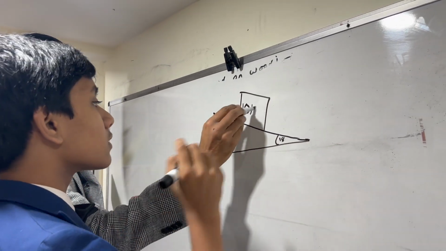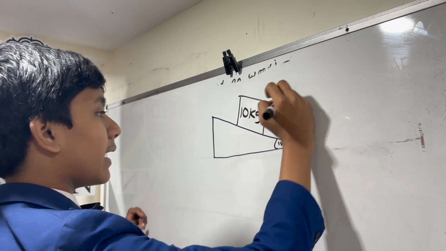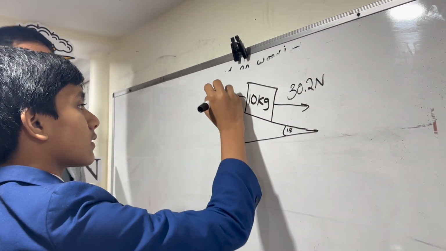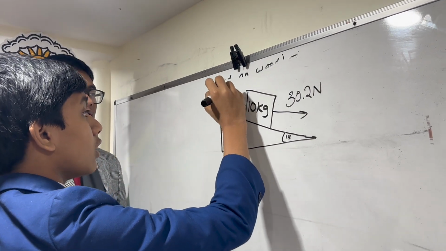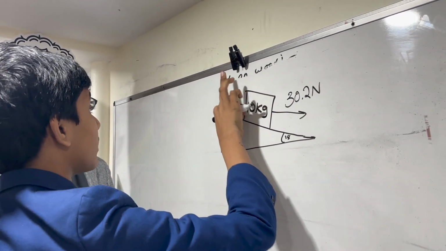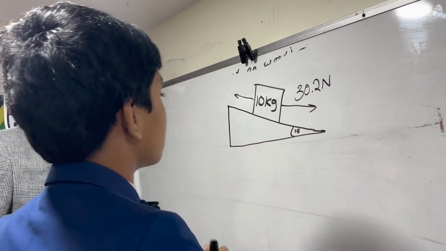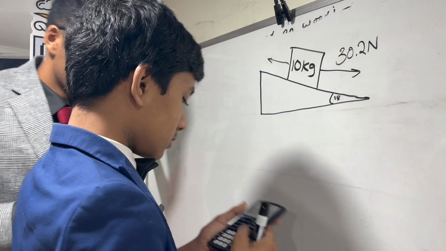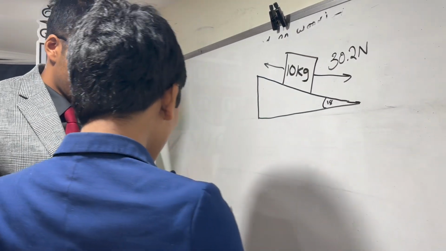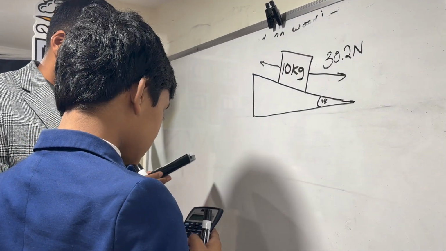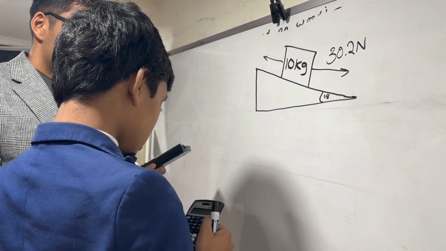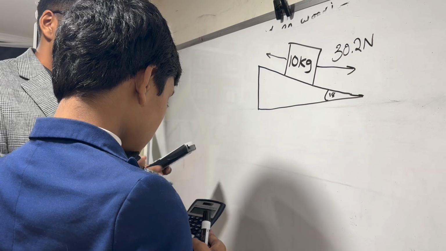All right, find the velocity. This is about 30.2 newtons, and 29.4. Oh no, it exceeds the maximum static friction, so now it becomes kinetic. Yeah, so that means it's going to be 0.4 times 9.8 times cosine of 18, 37.2.